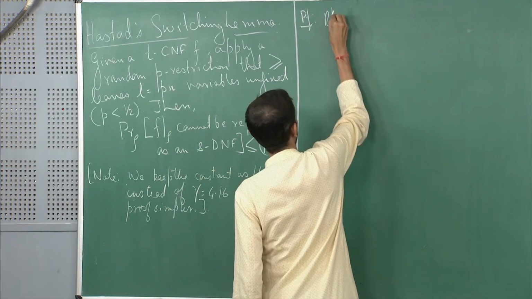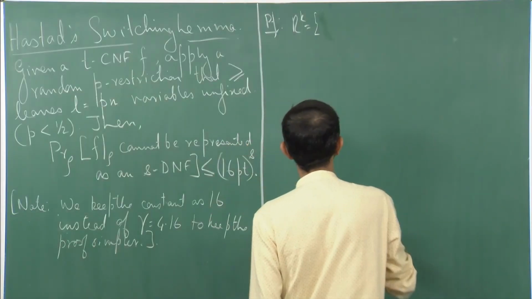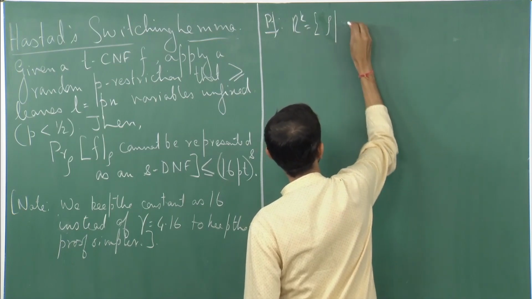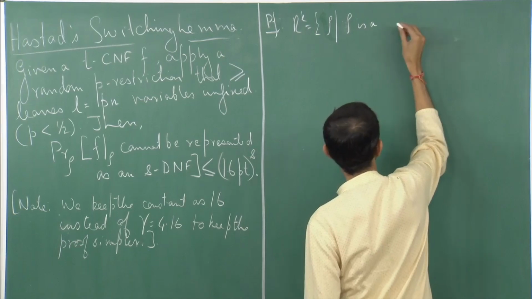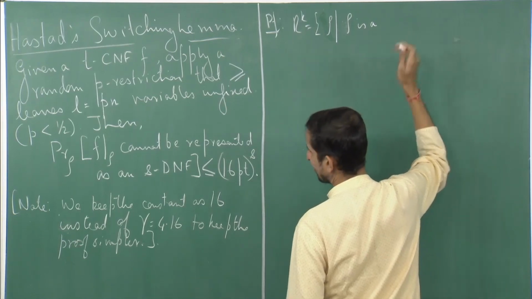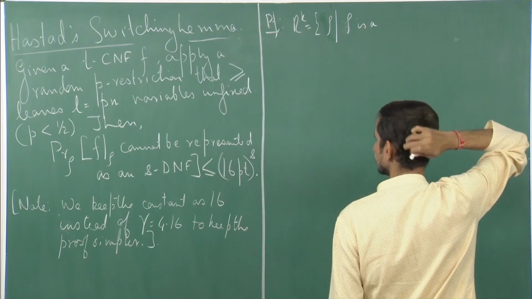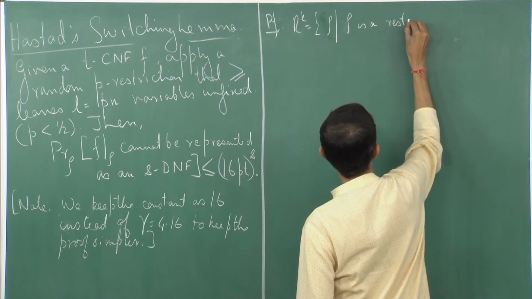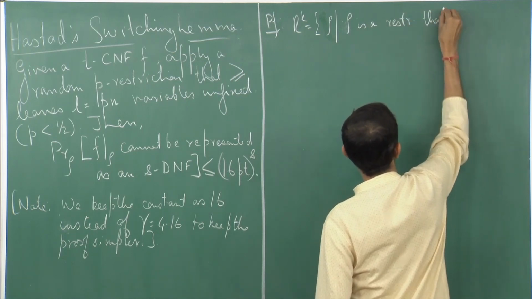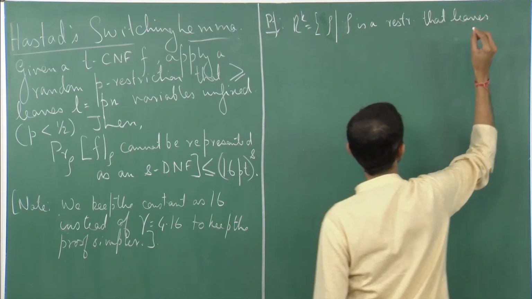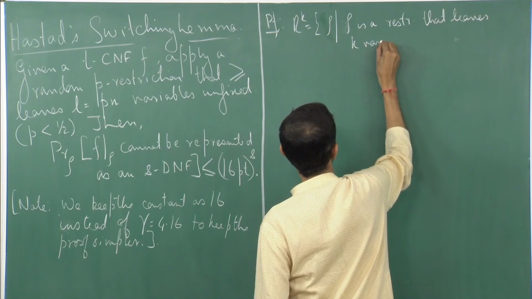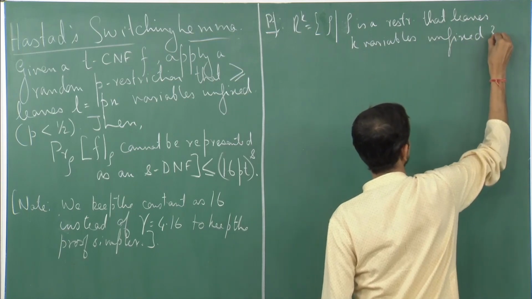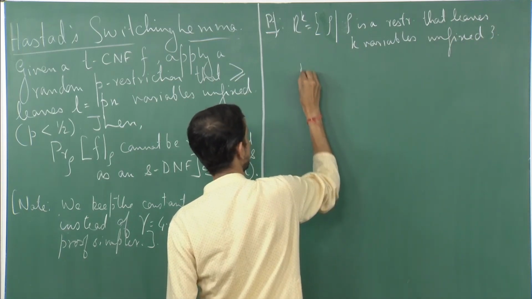We will define Rk to be the set of all restrictions rho such that rho is a restriction that leaves k variables unfixed. Okay. And what is the size of Rk?